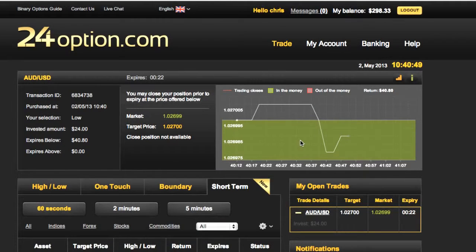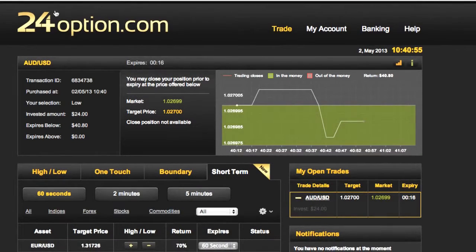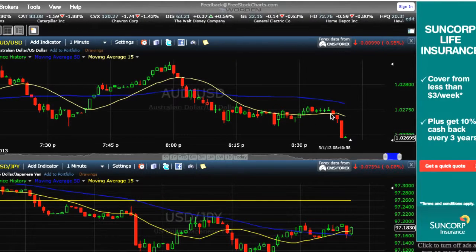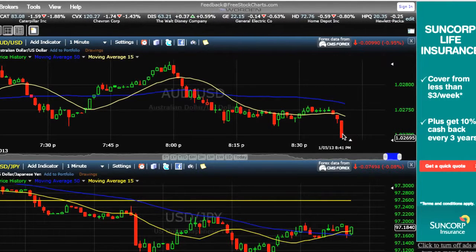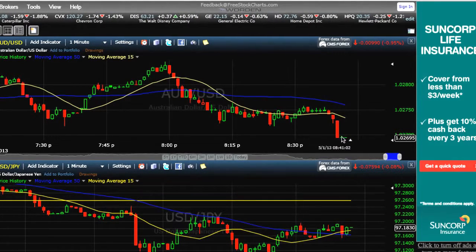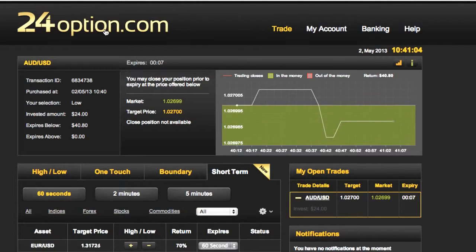So we've got 20 seconds to go. So we're following it here. I got in about just near the bottom of this. So it looks like I'm going to win this trade. So I would actually trade again.